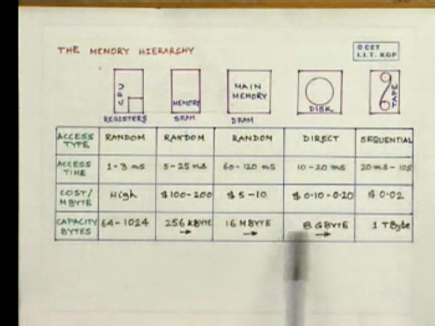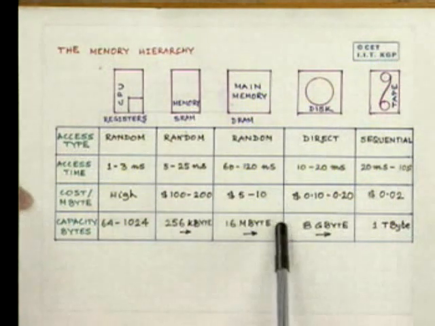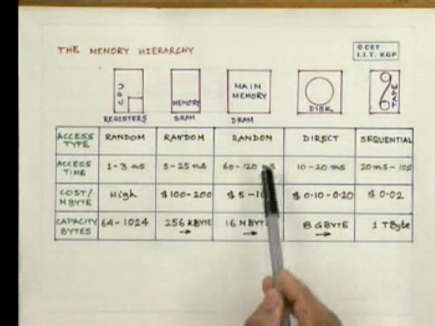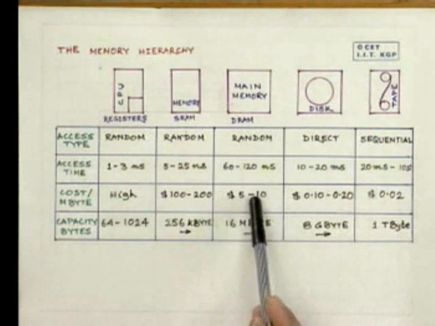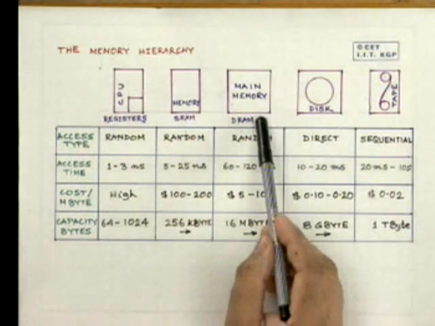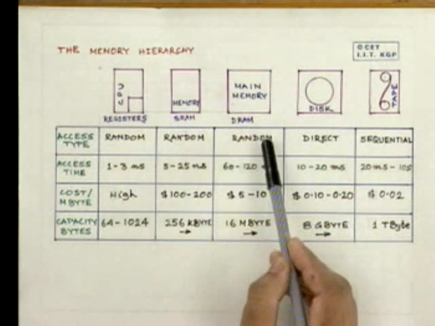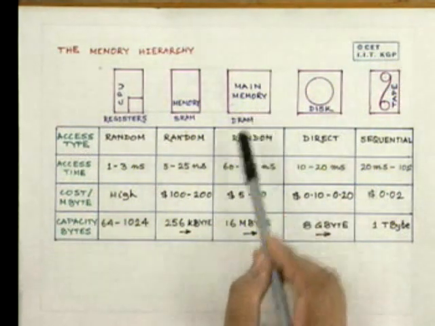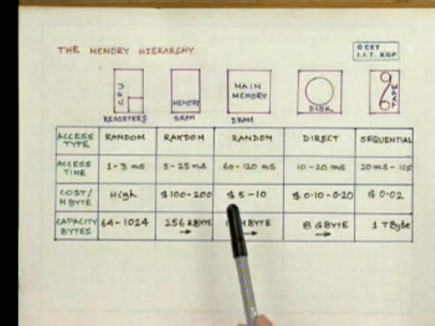Now, as I said, because the cost is low and access time is tolerable, the main memory is generally constructed of DRAM.